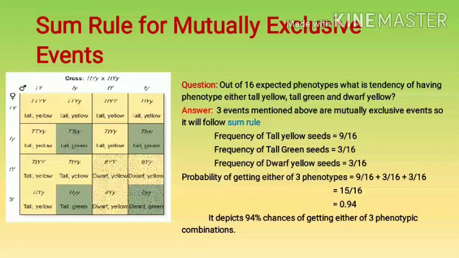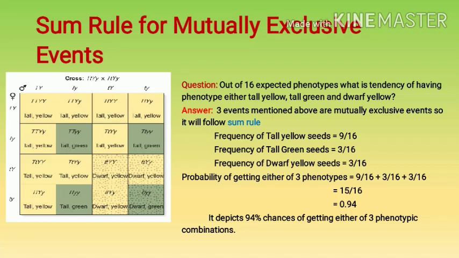So probability says that the sum rule is applied on mutually exclusive events, which means that to depict the probability of occurrence of any kind of event, if they are mutually exclusive, we have to add their frequencies. To understand this concept more deeply, let us take a look at the question in the given figure.